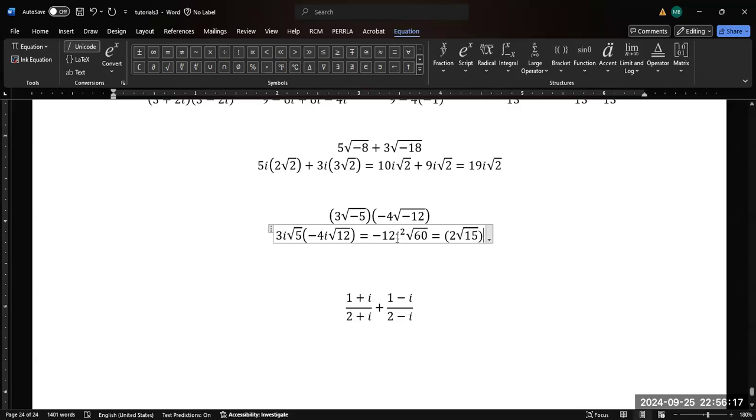And then up front, my i squared is going to get replaced with negative 1. And when I simplify that, negative 12 times negative 1 is going to be 12. 12 times 2 is 24 square root of 15.